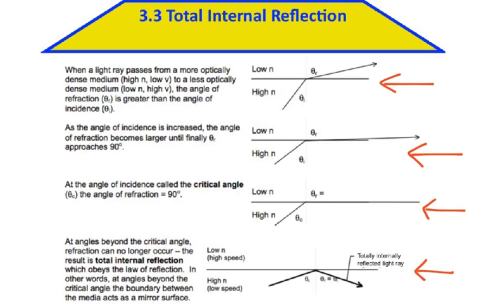If we look at the table of indexes of refraction, the two highest ones are zircon and diamond. The fact that diamond has an index of refraction of 2.42 means that a lot of the light that passes into a diamond actually gets reflected inside it before it gets to an angle where it passes out.